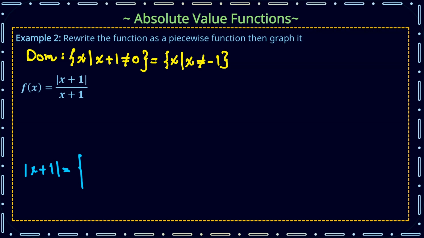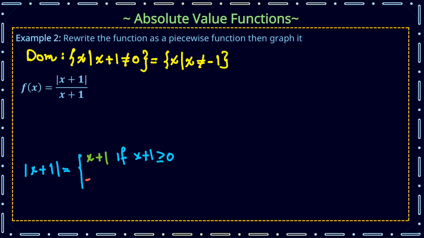Absolute value of x plus 1 is equal to x plus 1 if x plus 1 is greater or equal than 0. If this expression is 0 or positive, you just get that expression back. Again, just like absolute value of 5 equal to 5.